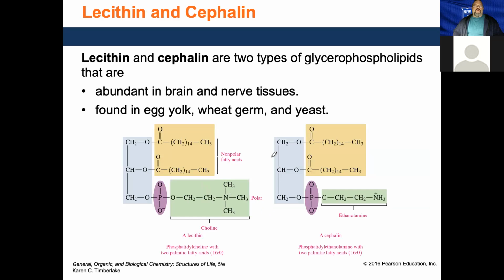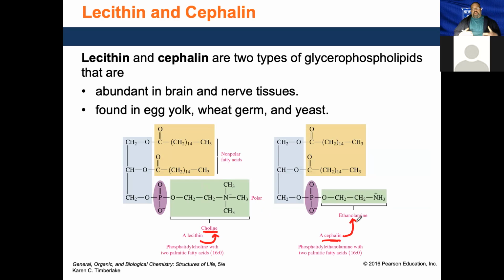Okay. So the two main types of glycerophospholipids that you come across are lecithins and cephalins. The way we identify a lecithin is that the amino alcohol present in the structure is choline. And the main way that we identify a cephalin is that the main amino alcohol present is ethanolamine.